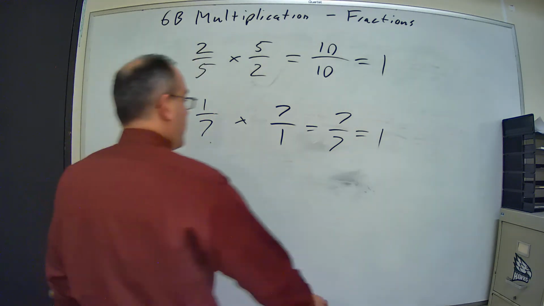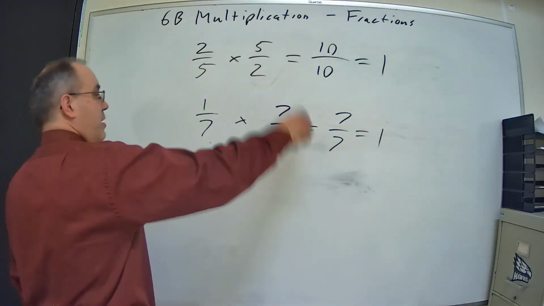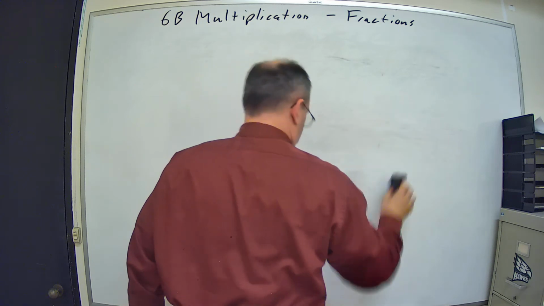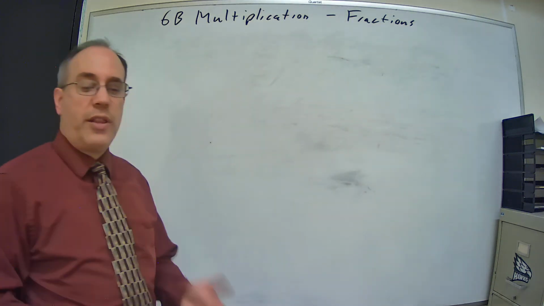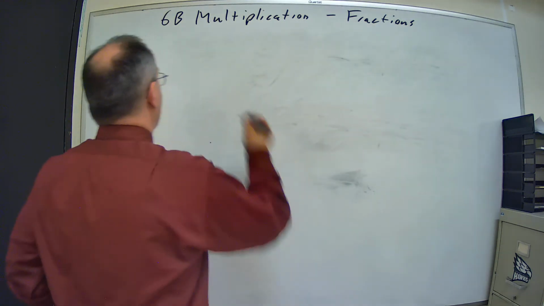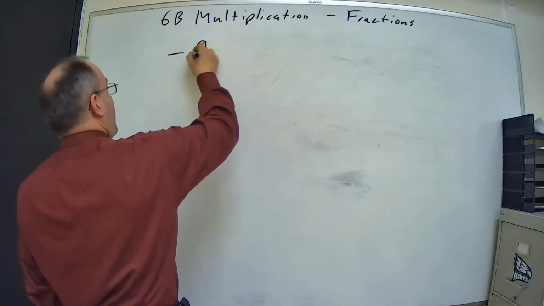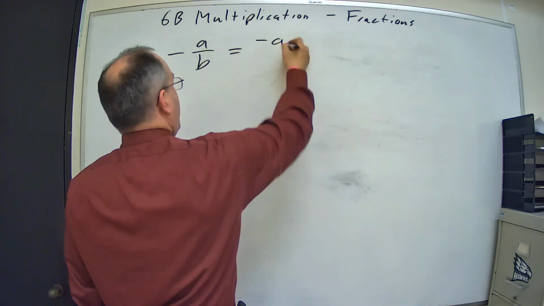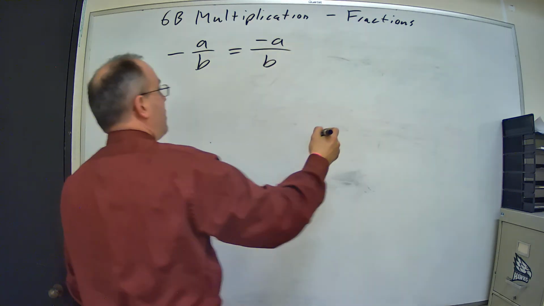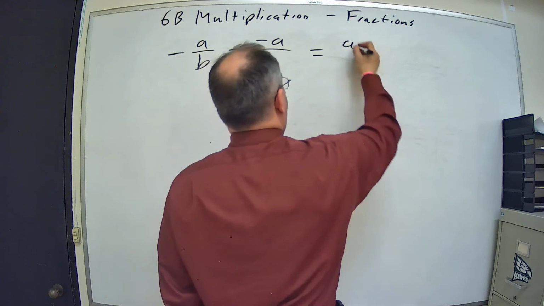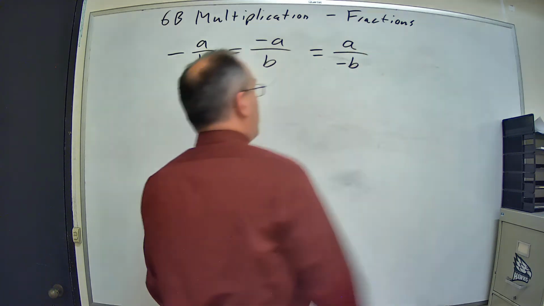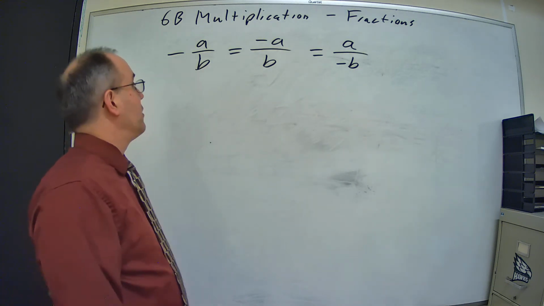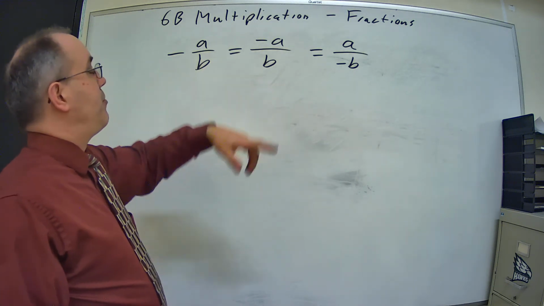Now something else I'd like to point out, because it starts to fit into this, and I believe I mentioned this in an earlier video, is the relationship of negative fractions. If I have negative a over b, that is the same as negative a over b, which is the same as a over negative b. Those are all the same thing.